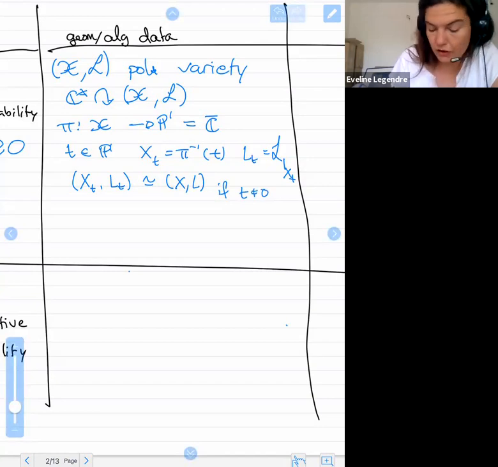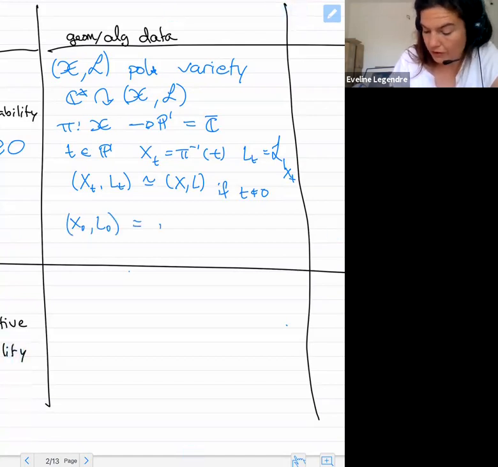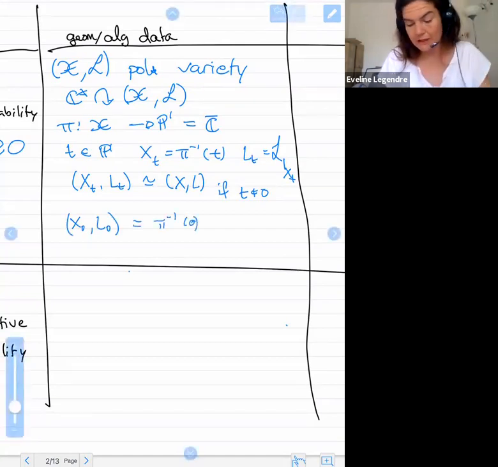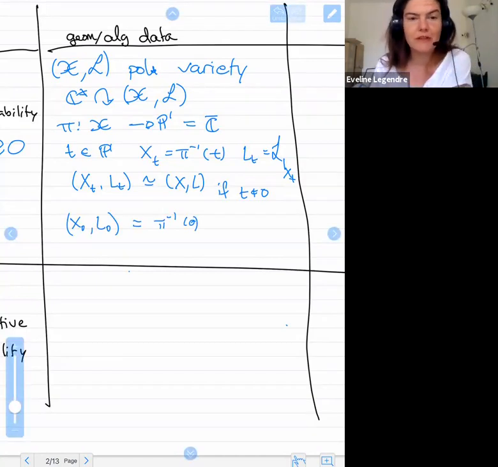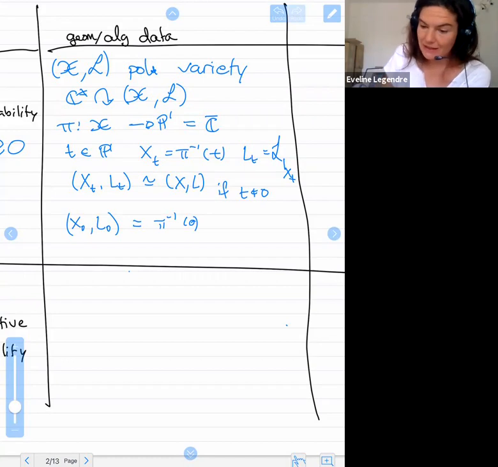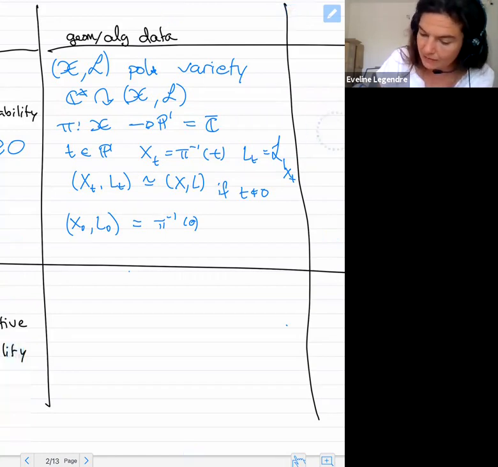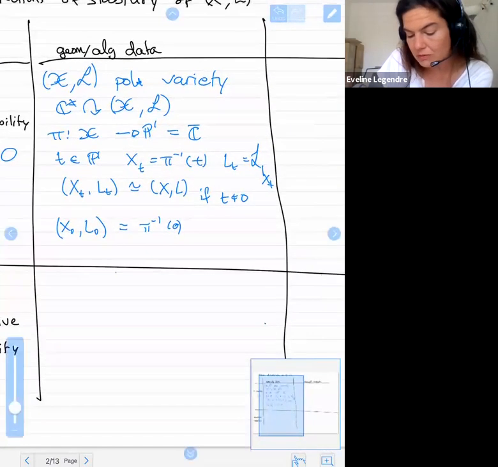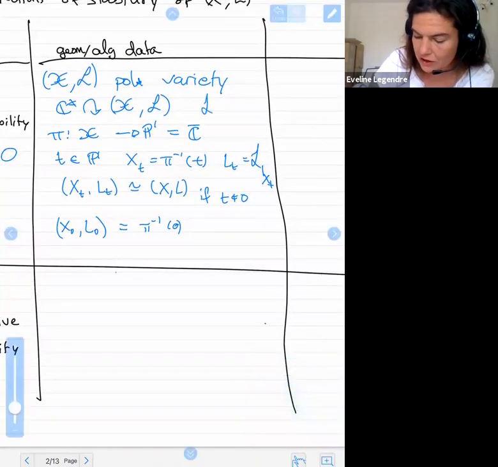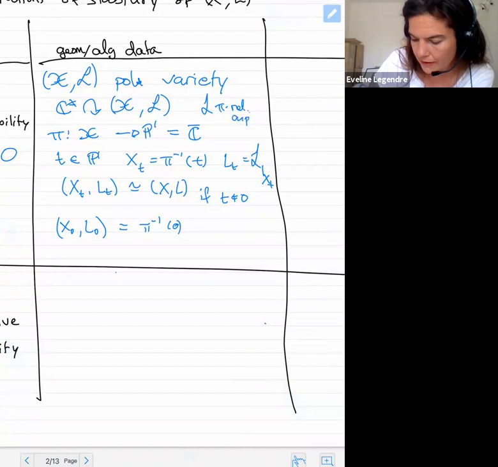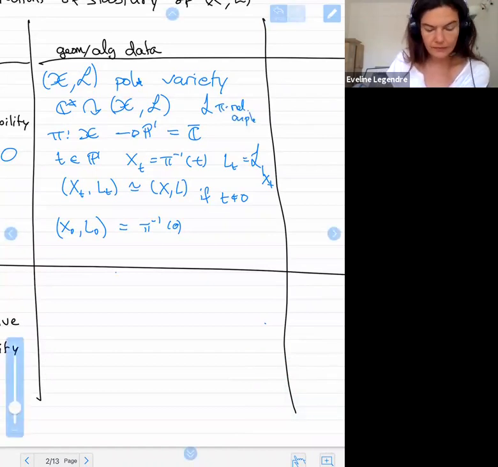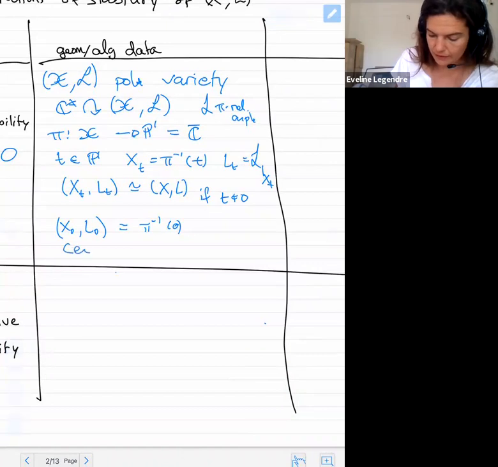X_0 is the pre-image of 0 by the test configuration map, not necessarily a polarized variety in the usual sense. I will assume L ample, but actually L is just semi-ample or relatively ample. That is the central fiber.